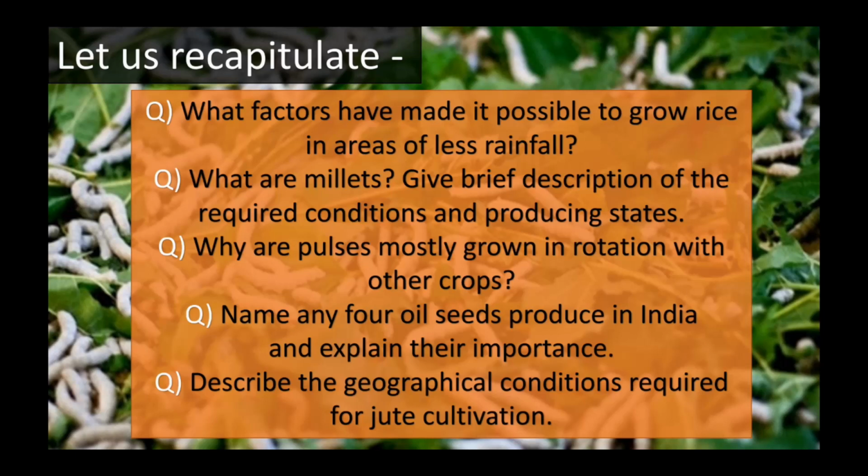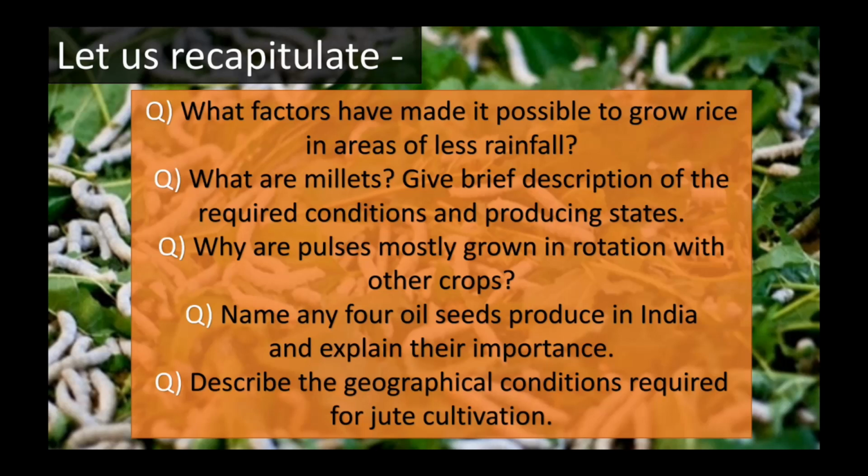Next, millets. Give a brief description of the required conditions and producing states. For this answer you may write: millets are coarse grains but have high nutritional value. For example, ragi is rich in iron and calcium, I told you. Jowar is a rain-fed crop which is grown in moist areas of Maharashtra, Karnataka and Madhya Pradesh.